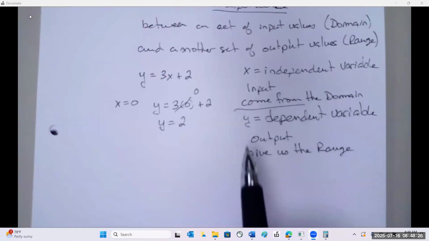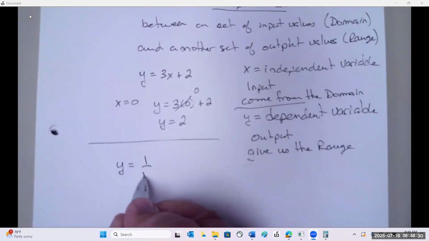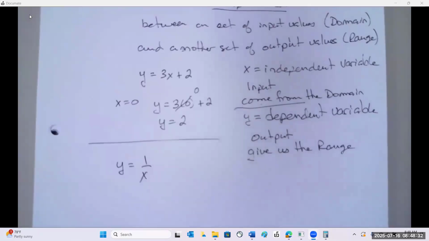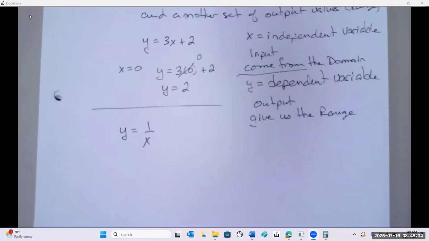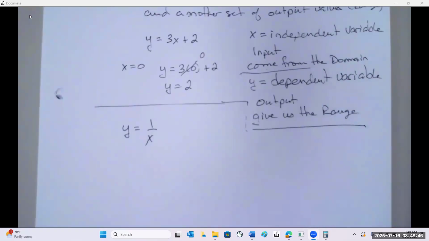What does that mean? Remember, we first have to define the independent variable first. Are there any restrictions to X? Yes. Remember, we have to ask 3 questions.